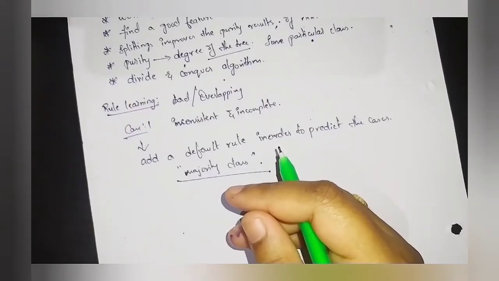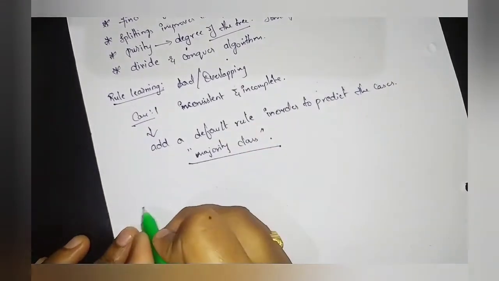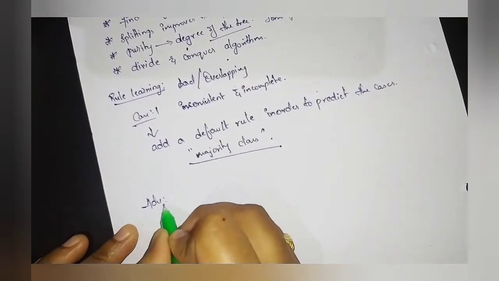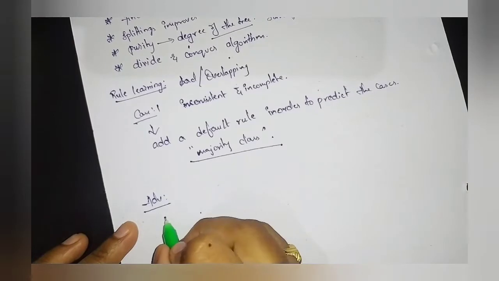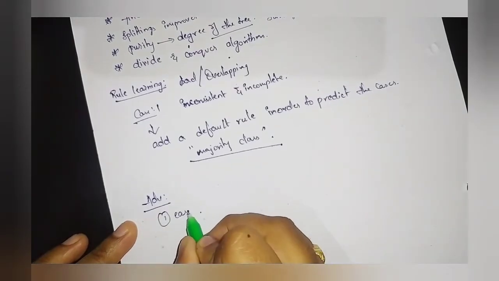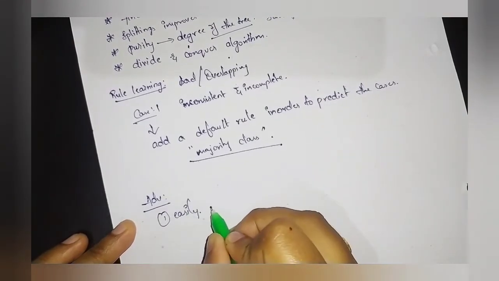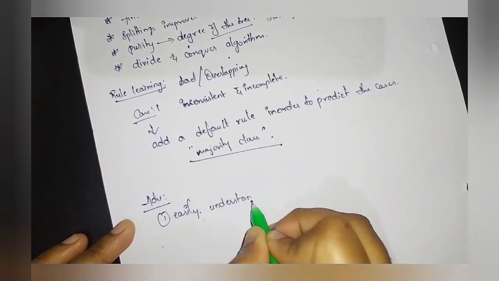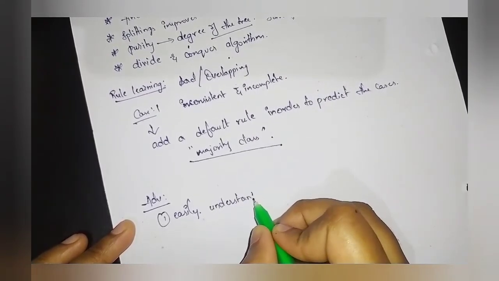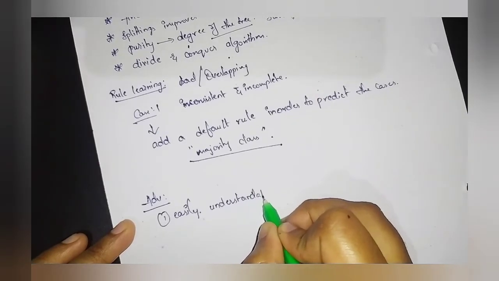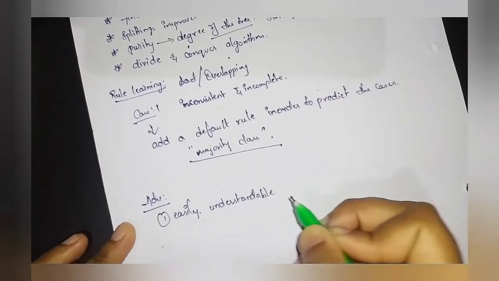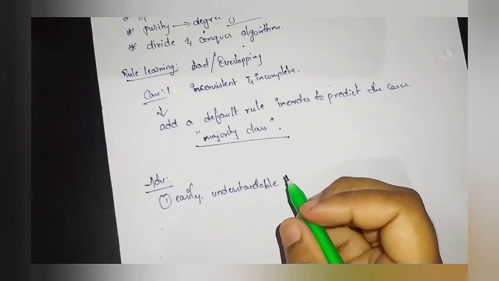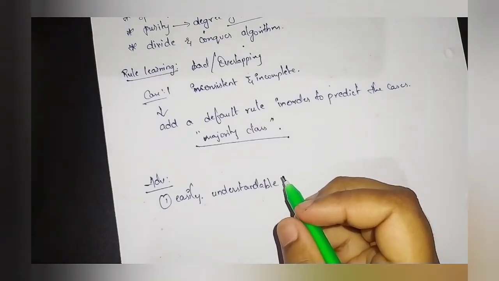Now I will close today's class by saying the advantages of logical models. As I already said, they are very easily understandable to humans, right? Because the model itself can be easily inspected by humans.